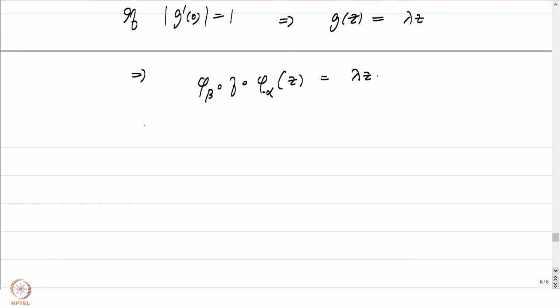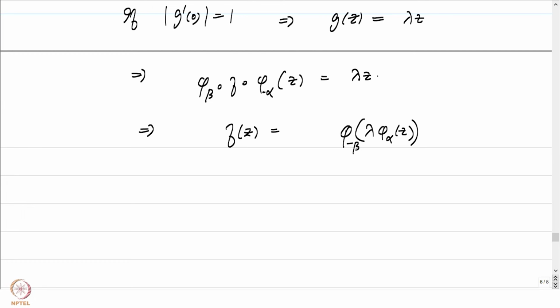By manipulating this, f of z is going to be equal to, let's first look at lambda times phi alpha of z. That's what will give us phi minus alpha of phi alpha of z, which is z, and then we compose from the left by phi minus beta. So this is precisely what we will get if g prime at 0 is equal to 1.